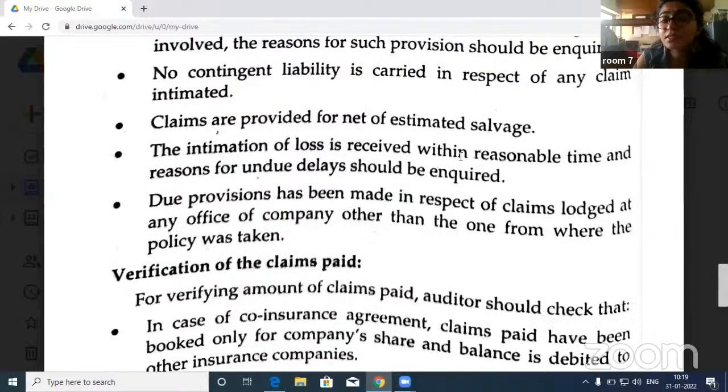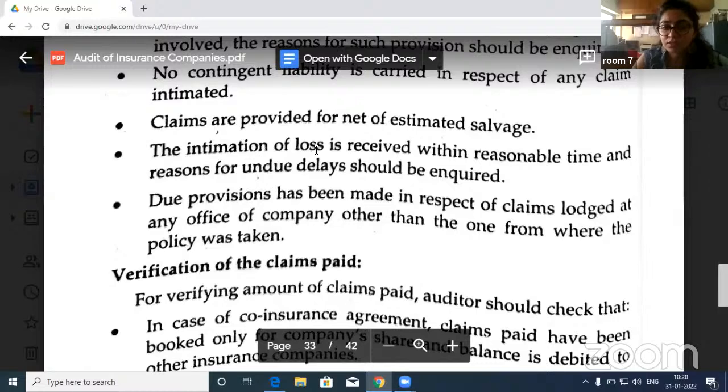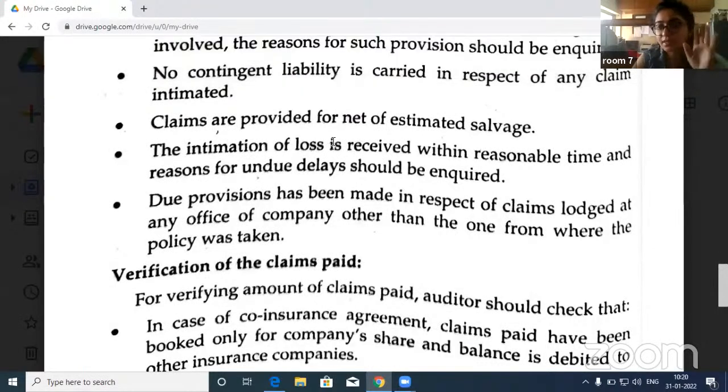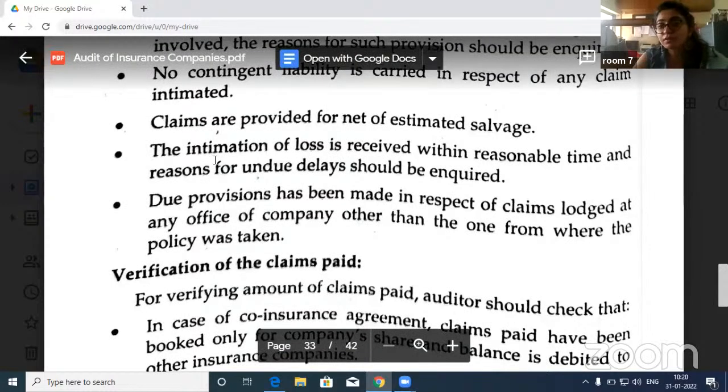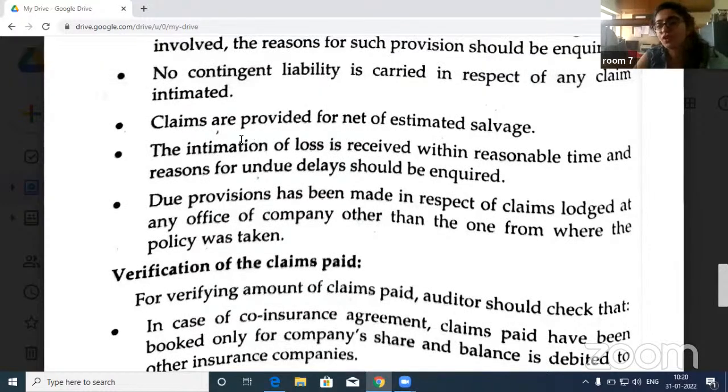Intimation of losses is received within reasonable time. Suppose there is a loss, there is a risk that has arisen, and now being a customer you need to see that previously there was no such rule, let me tell you, but now company wants to receive some intimation when losses occur.